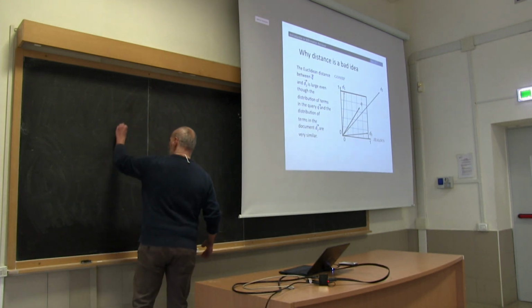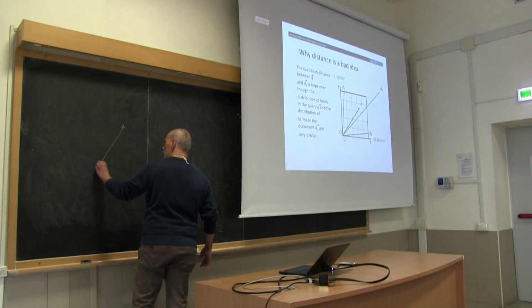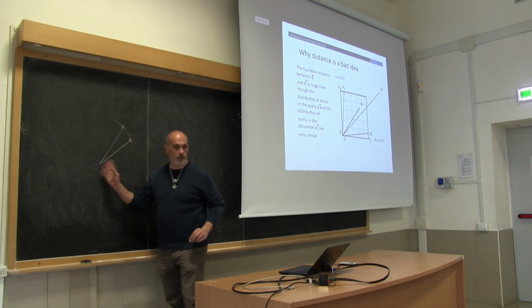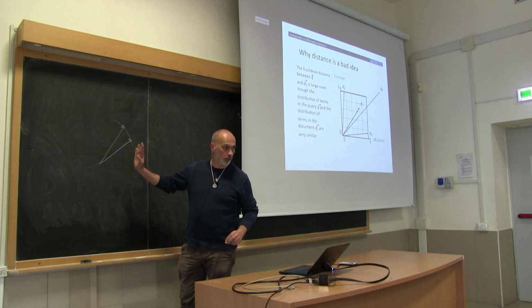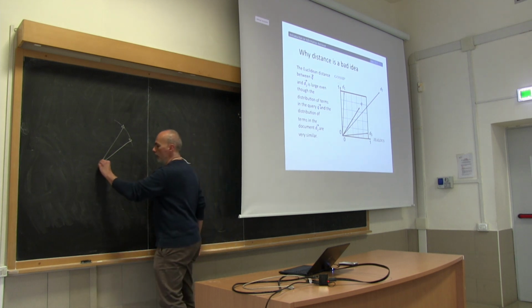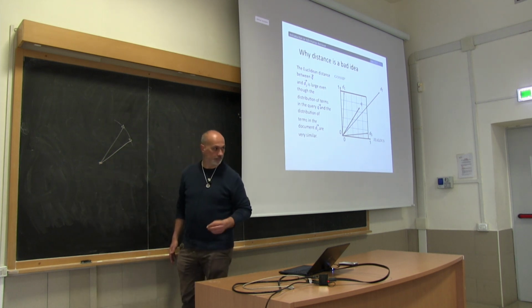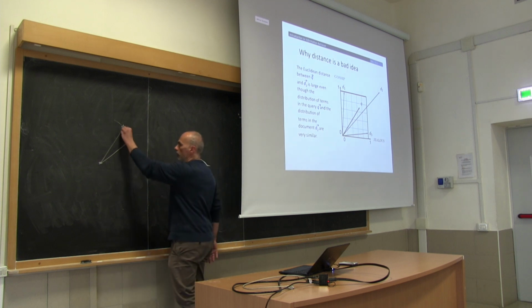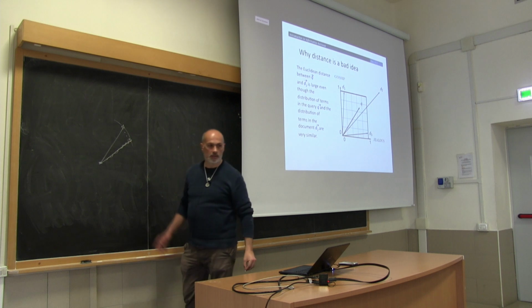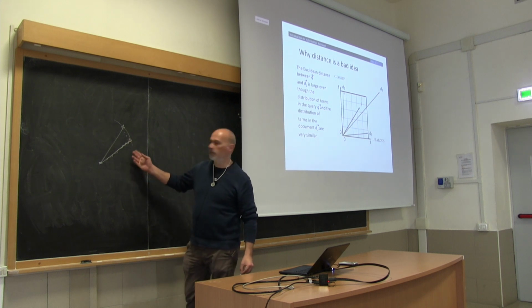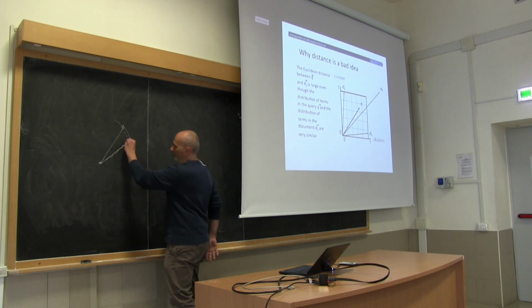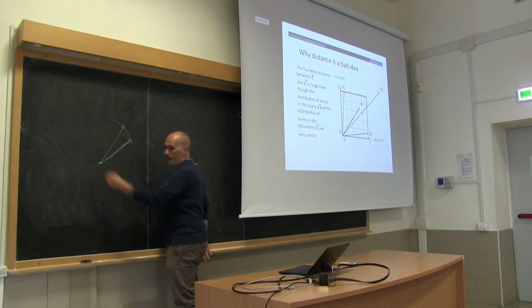Let's consider this case. Let's say these two vectors are normalized, so they both have unit length. Now, I take the cosine similarity. Essentially, it means that I'm taking the length of this segment, or actually this segment, they are the same.